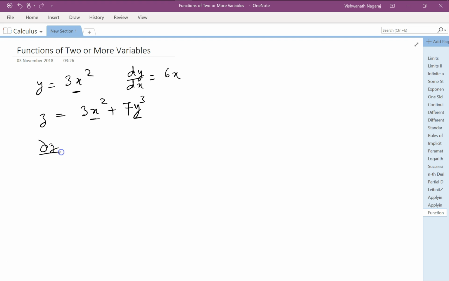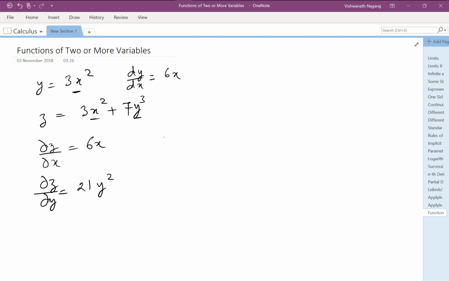So dou z by dou x means that we have to differentiate with respect to x. That means x is changing. So here we assume that y is constant. That means the whole second term becomes constant, and differentiation of a constant is 0. This becomes 6x. Similarly, dou z by dou y becomes 21y squared.